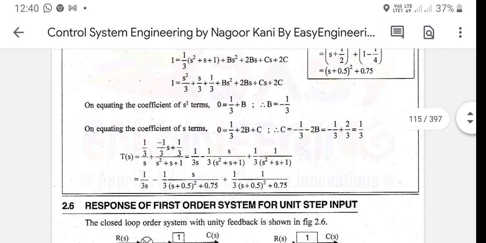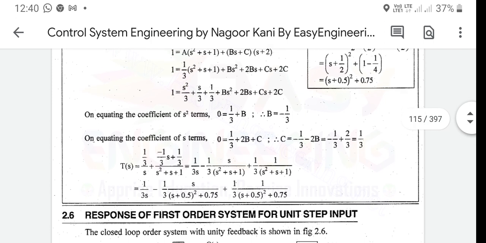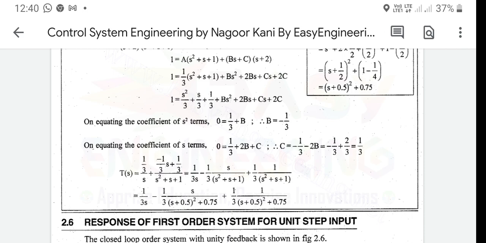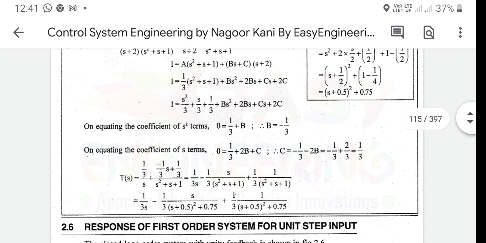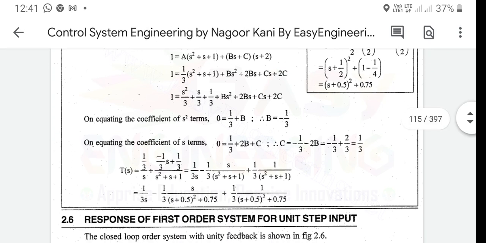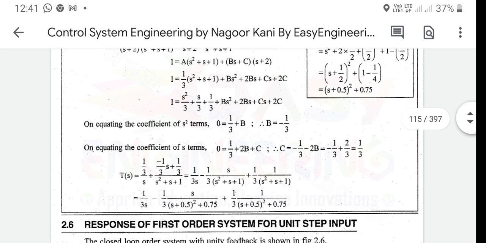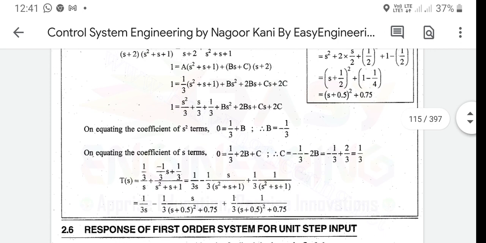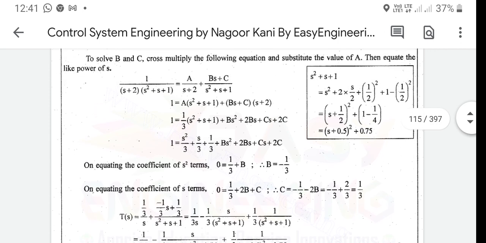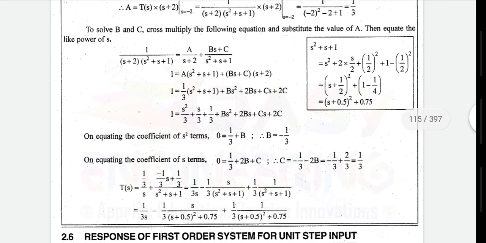Now with bs plus c, finally T of s is split as 1 by 3 into s by s plus 0.5 whole square plus 0.75, plus 1 by 3 into 1 by s plus 0.5 whole square plus 0.75. So like this you have to split the terms.